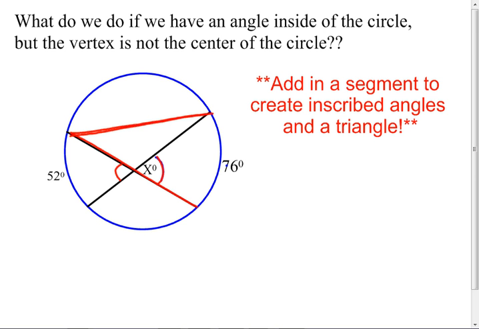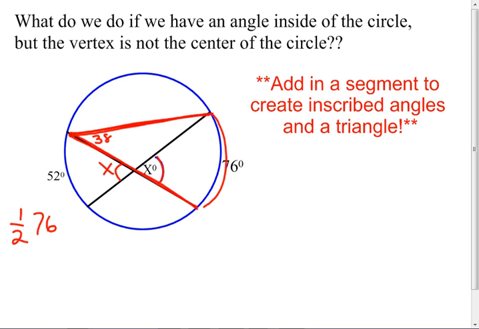What kind of angles are these at X? Vertical. Okay. Now, can you just focus on this inscribed angle? If this is 76, how big is that? No, it's half of 76. 38, isn't it?